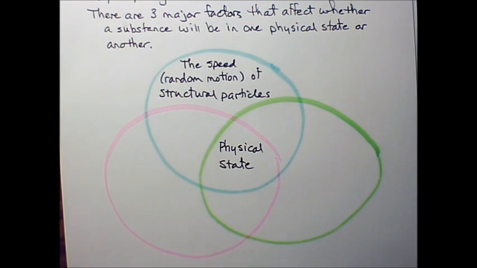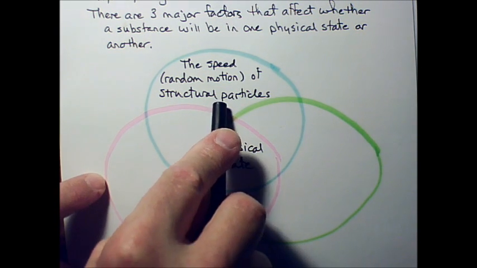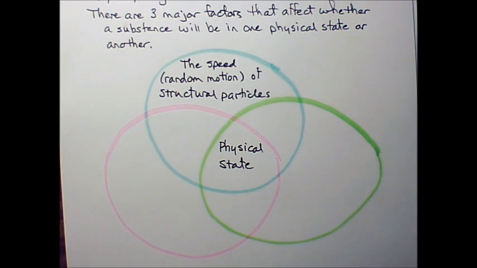Now, in this class, we've discussed that temperature has to do with not just the speed of structural particles. It also has to do with the size of the structural particles, and together speed and size are put together to have this property we call momentum. Okay? So in addition to the speed of the particles, it's the size, and it's also the shape.